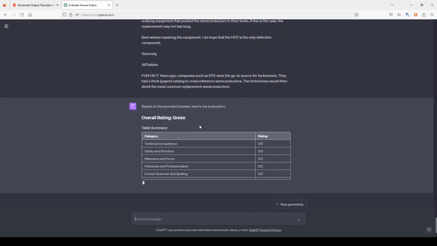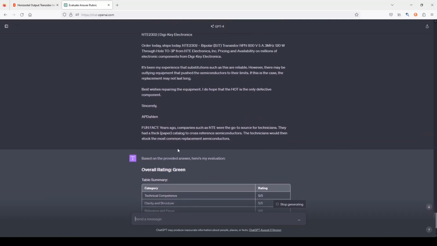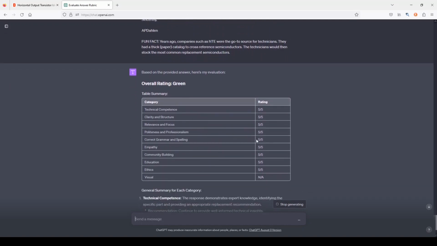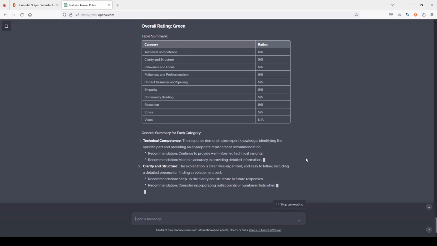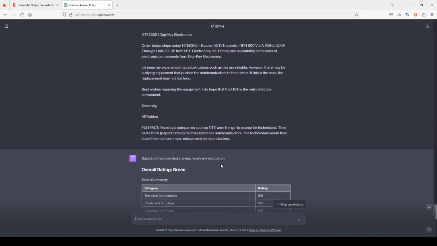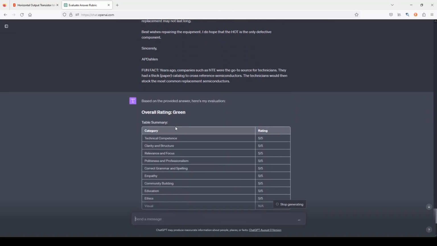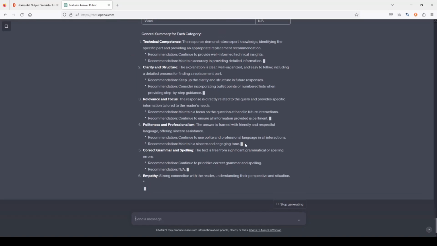So going back to the rubric, the first thing it does, it provides that green, yellow, red rating. So it thinks this one is okay. And then it provides the various ratings. And in this particular one, it thinks I've done a good job. Maybe. Always room for improvement, but that's what the rubric does. Again, it provides that yellow-green rating. It gives a summary of those 10 categories, and then it provides recommendations.